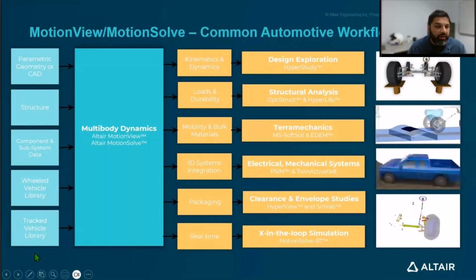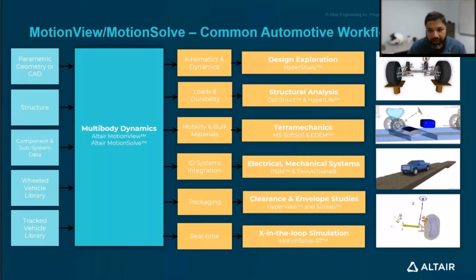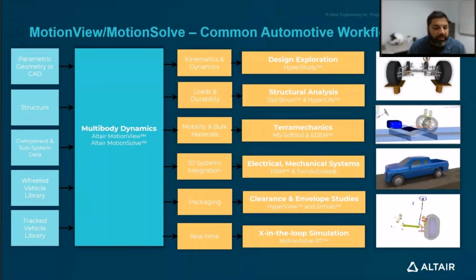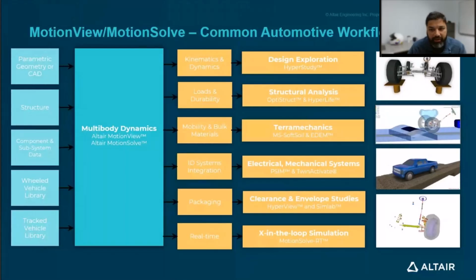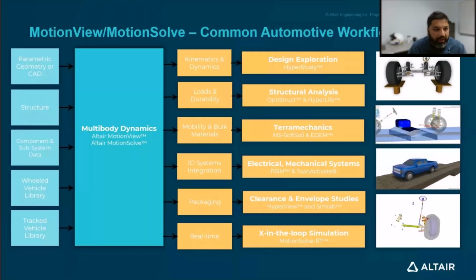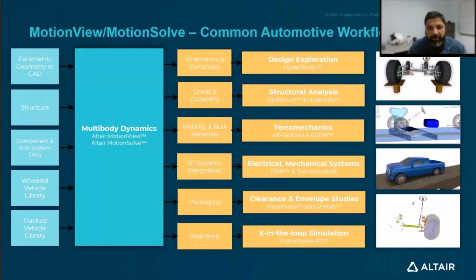There's lots and lots of component and subsystem data for all the different components in an automotive chassis. And making it a little easier to integrate all of this huge amount of data are libraries. We have a wheeled vehicle library, which we'll talk about in detail today, as well as a tracked vehicle library, which we will not focus on today.